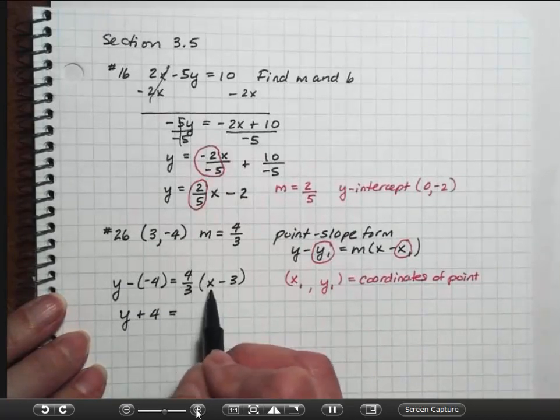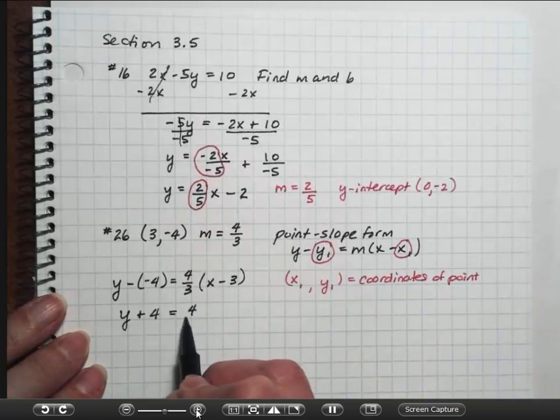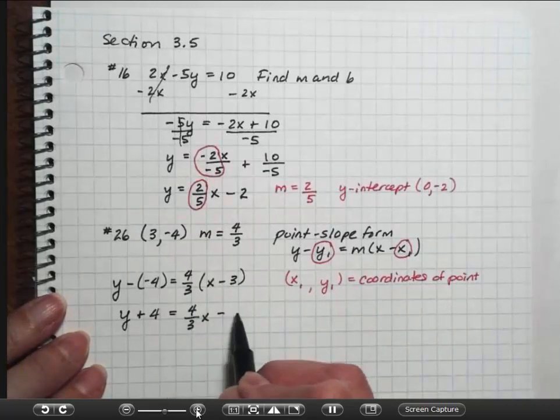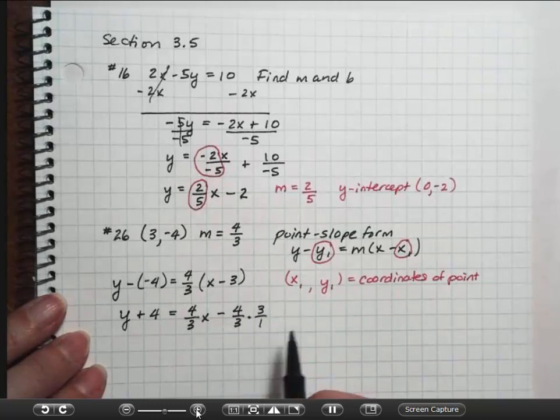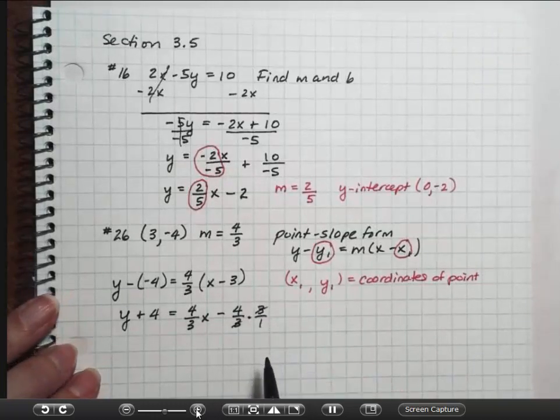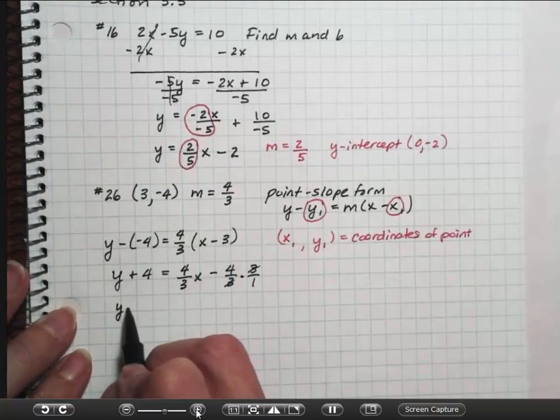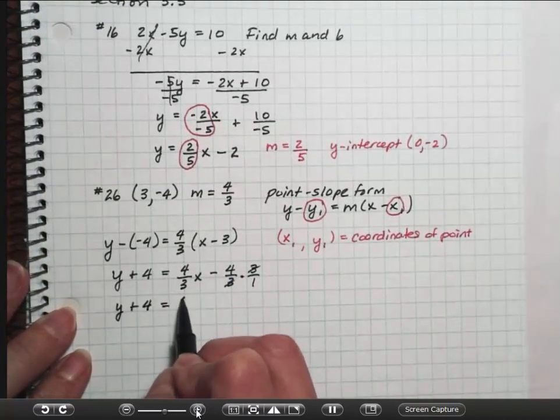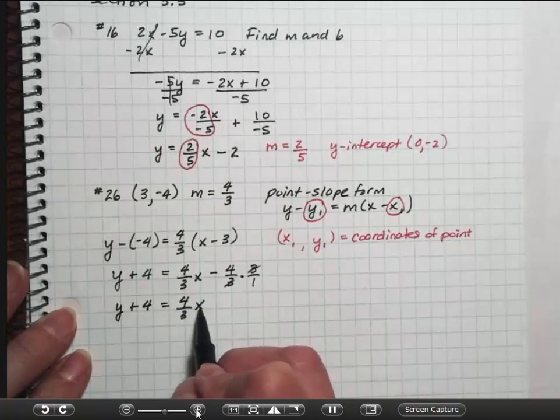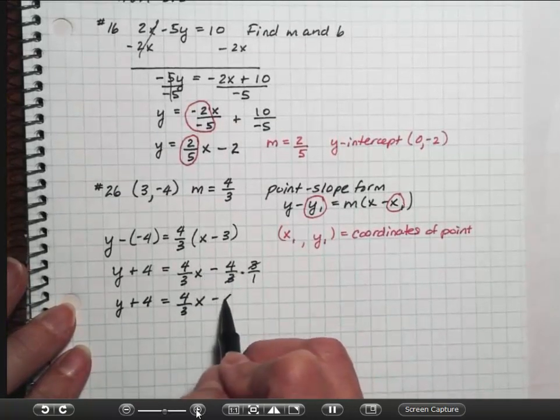and I'm going to use the distributive property, 4/3 x minus 4/3 times 3. My 3's will cancel out. I end up then with y plus 4 equals 4/3 x minus 4.